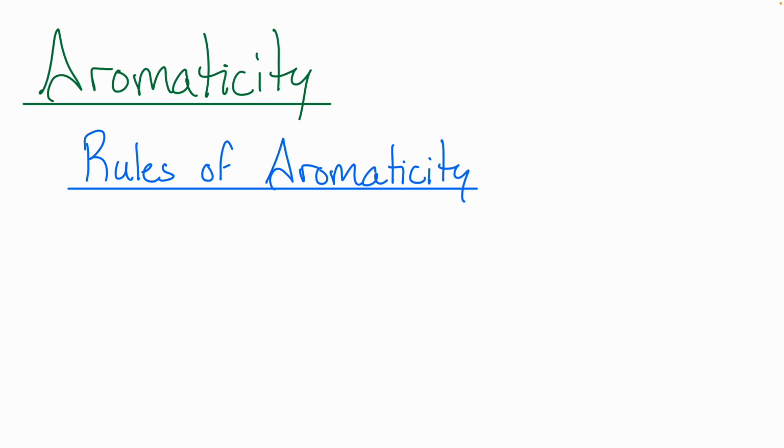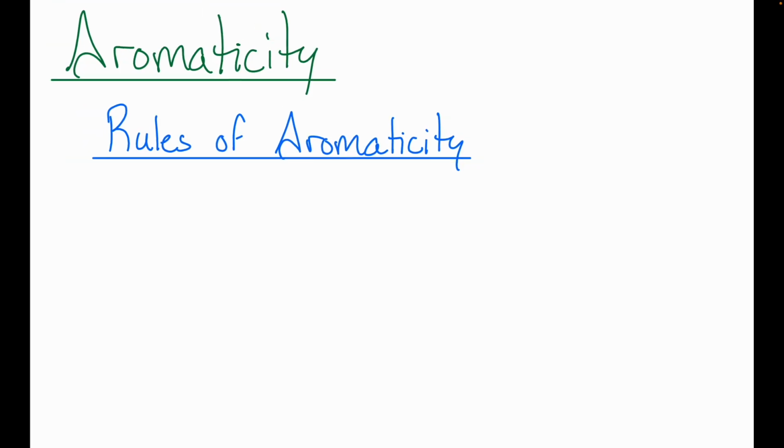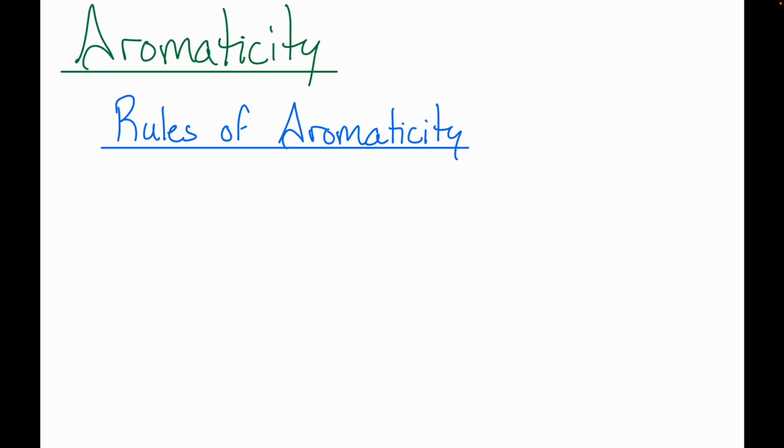Compounds are classified as being aromatic as long as they have these two structural features, all right? We'll talk a little more about what it means to be aromatic in a second, but we're going to work first on recognizing compounds that are aromatic. They have to have these two important features.